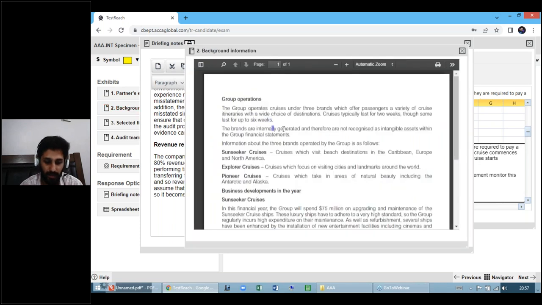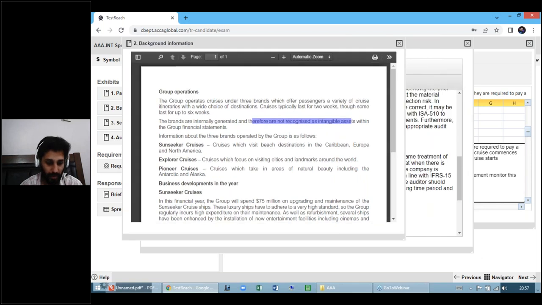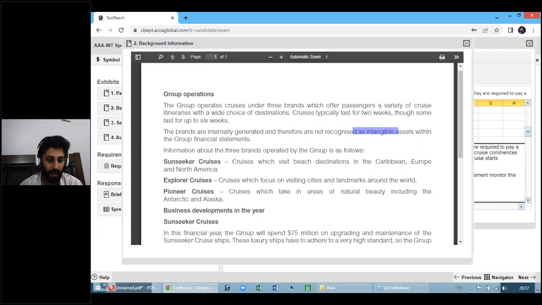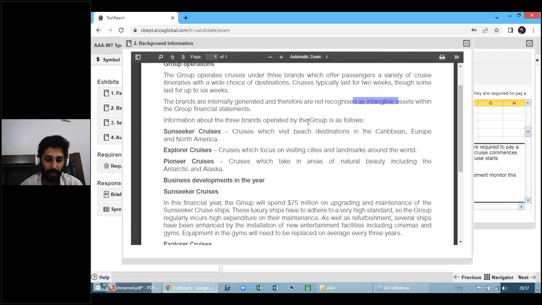The brands are internally generated and therefore are not recognized as an intangible asset within the group. Information about the 3 brands operated by the group is as follows.